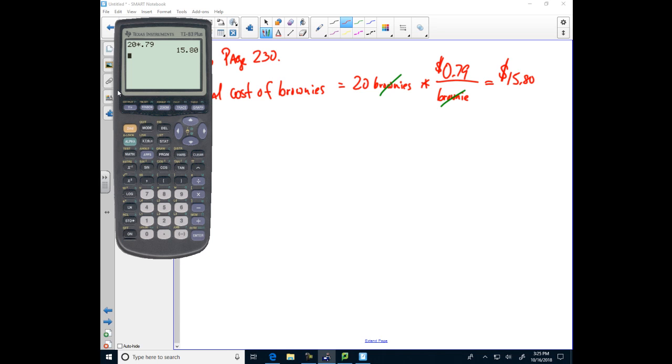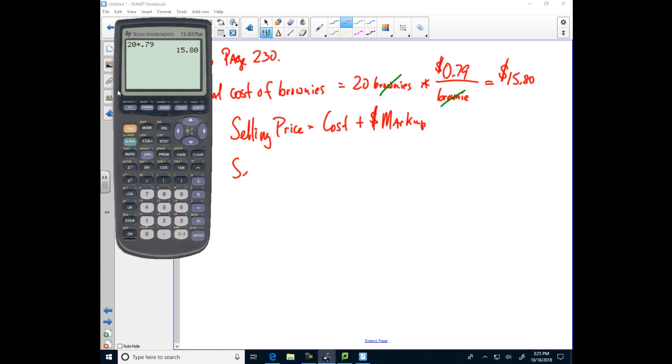And let's see. So remember how this works. Let's see, the selling price equals the cost plus the dollar markup. Now, what are we trying to find?